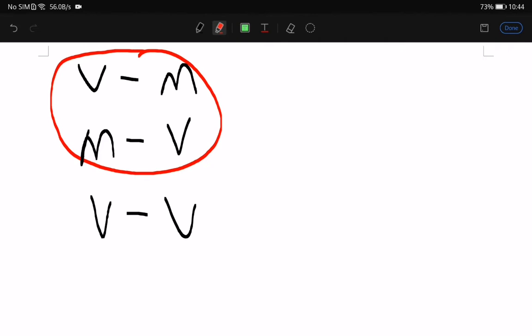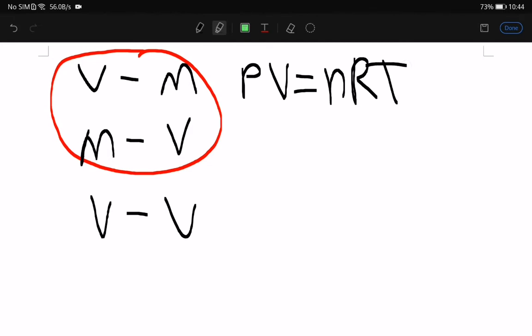Kapag gusto mo siya i-convert sa liters, which is your volume, gamitin mo yung isang familiar equation which we have all familiarized with, which is your ideal gas law, which is your PV is equal to your nRT. P for pressure, V is for volume, N is the number of moles, R is your gas constant, and your T is your temperature in Kelvin.